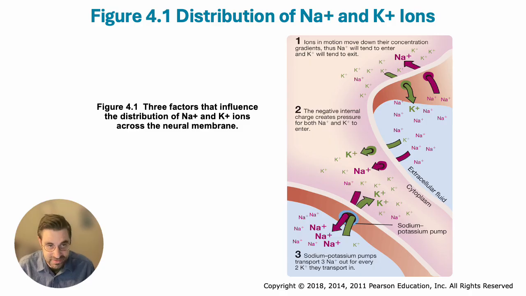Meanwhile, we're fighting against that, right, by actively pumping sodium out and potassium in, okay, with this sodium-potassium pump. So this is the resting membrane potential. It's setting up pressure from concentration and from electrostatic gradient, and it's setting us up ready to pop, ready to go.